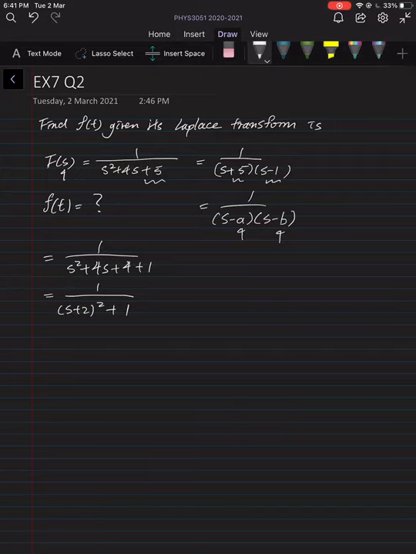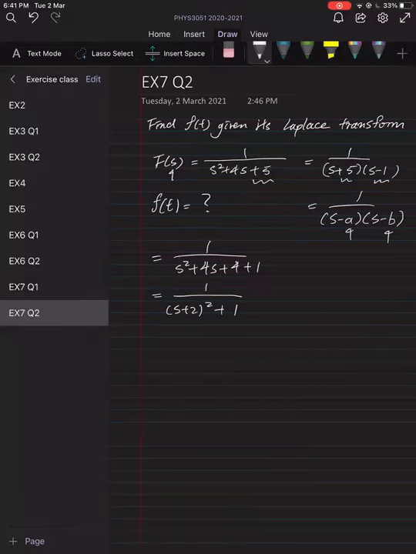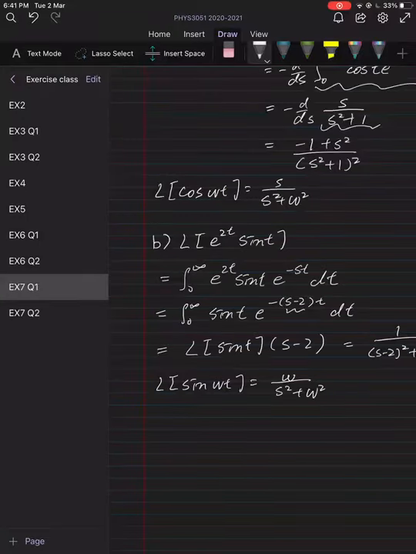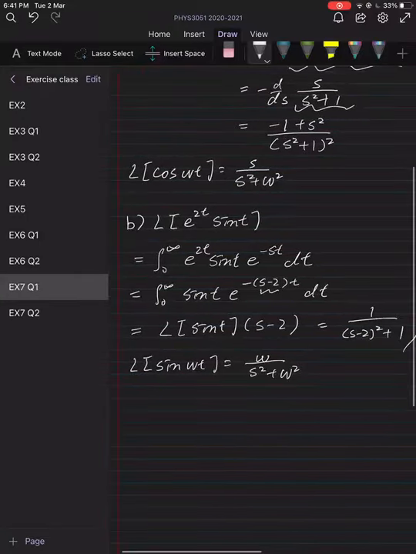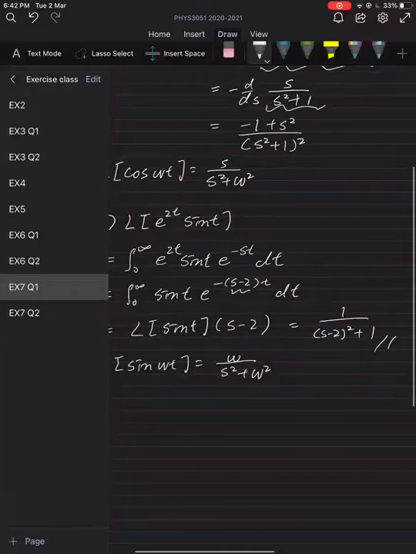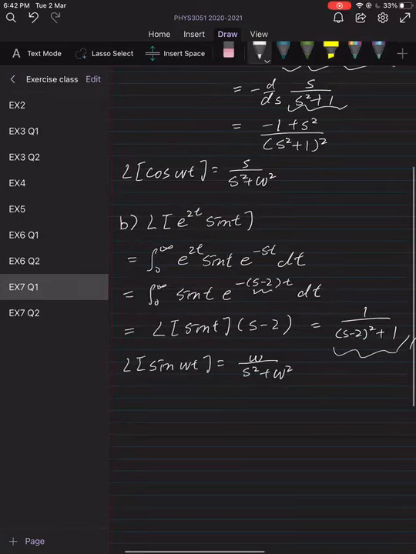This should be familiar, like sine or cosine. So here you have the plus 2, and then the inverse transform is e to the power of minus 2t sine t.